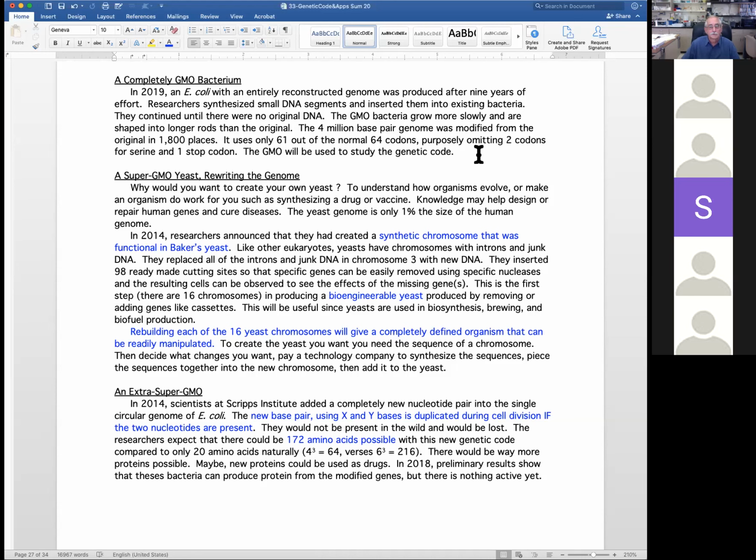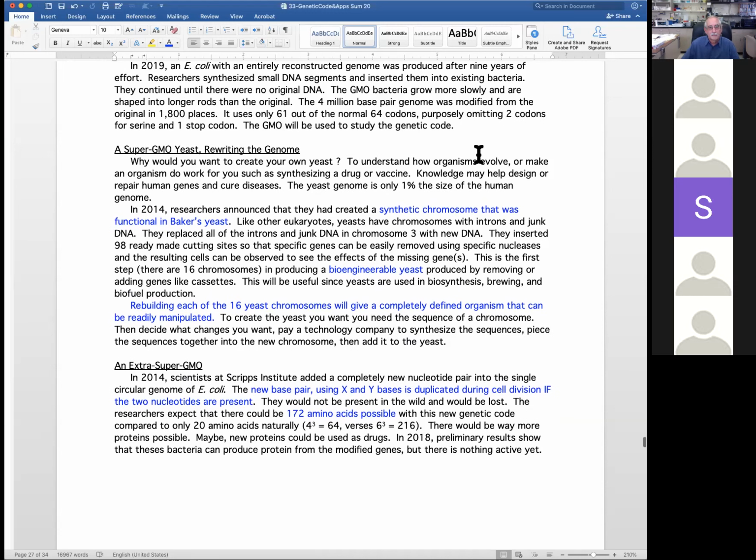pretty important accomplishment. And then in 2014, they had announced that they made a completely synthetic chromosome that was functional in baker's yeast. So baker's yeast is used in cooking, of course, and stuff like that. Many strains of that are used to make beer and things like that.